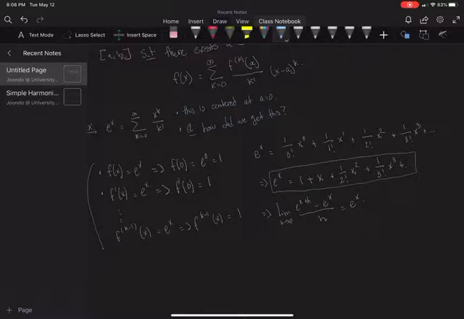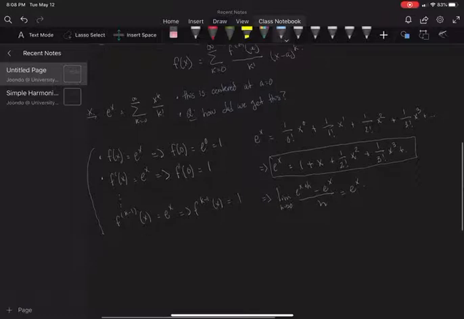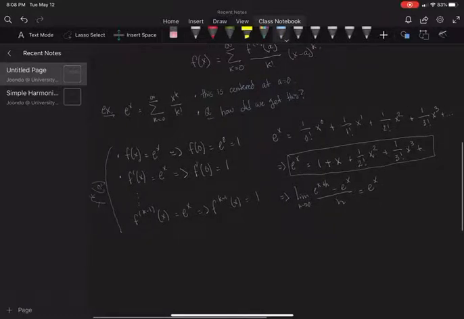Without it, we cannot really prove this at all. But there are also other ways to prove this. This is one clever trick.